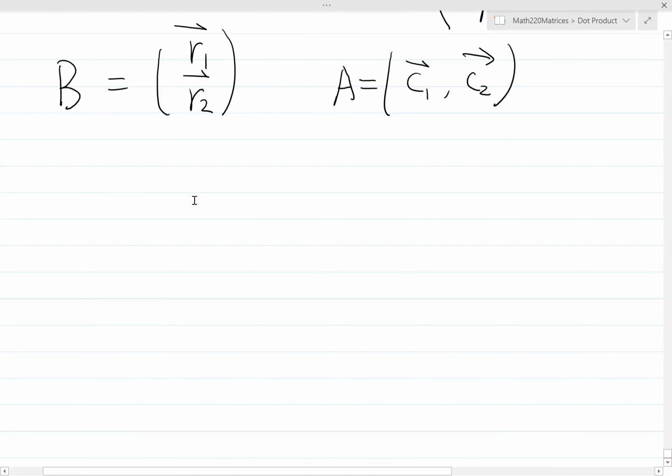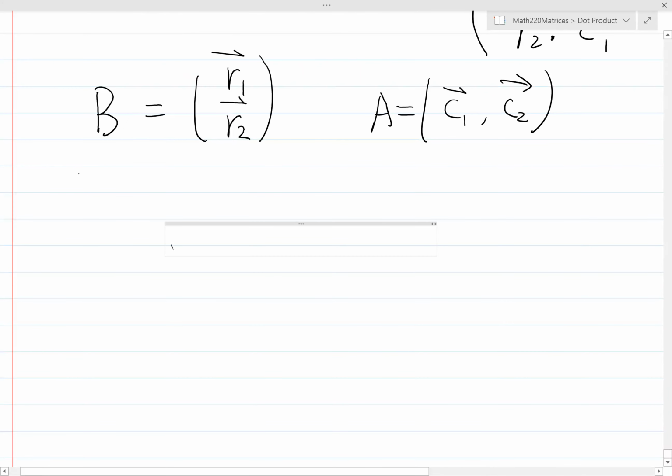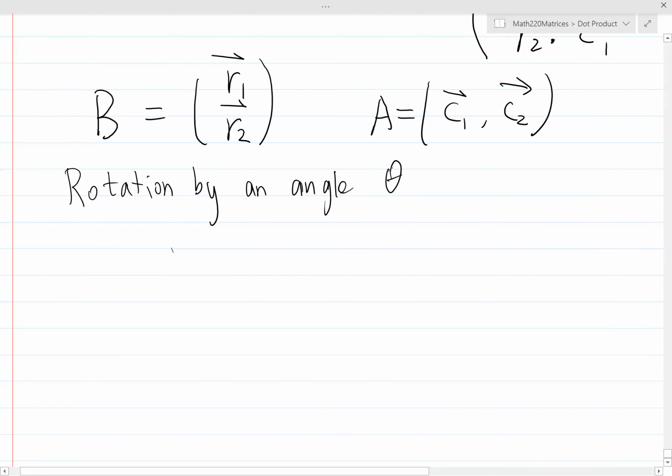Again we are talking about the xy plane, the two-dimensional vector space.